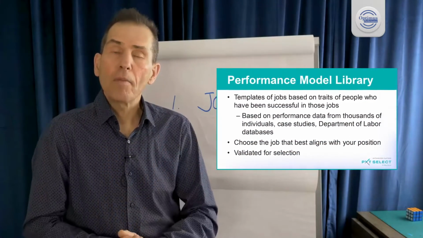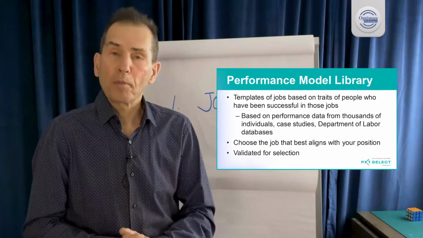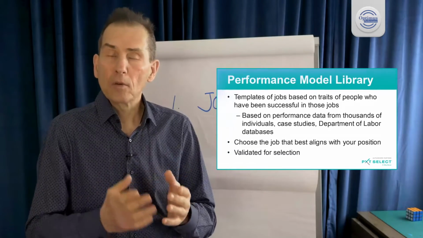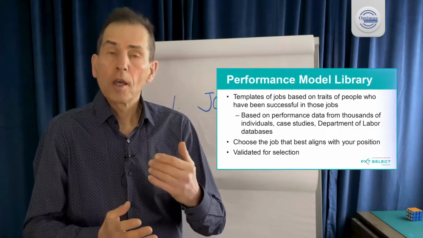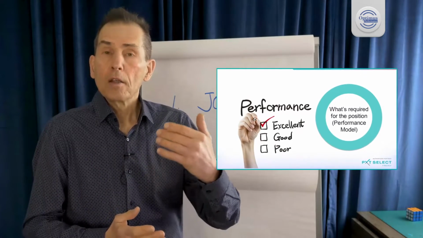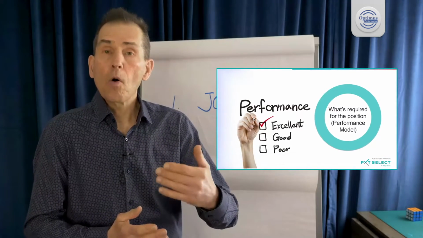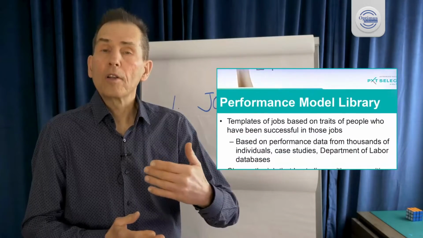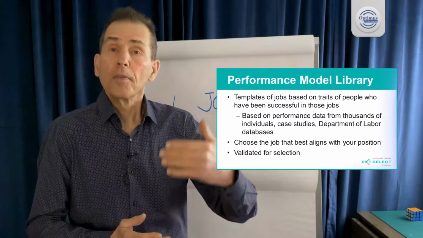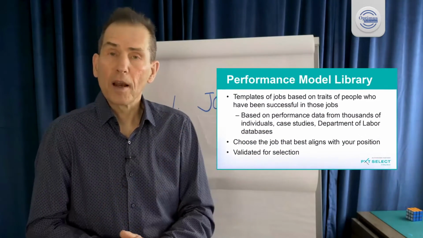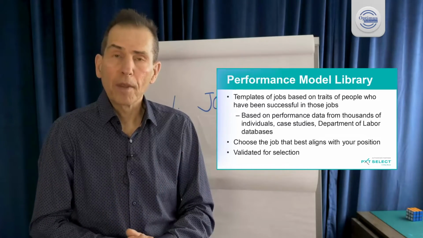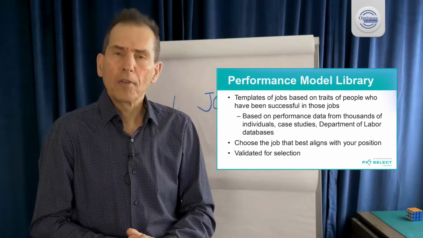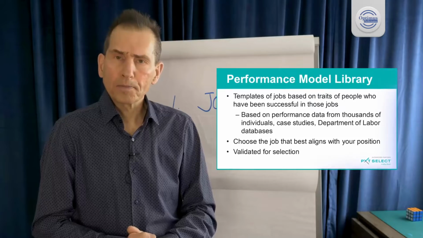So each job has its own specific performance model, and we could build those according to the job description, or we could even build it according to top performers in that position within the company, if we have enough of them. There's different ways we can build that performance model.